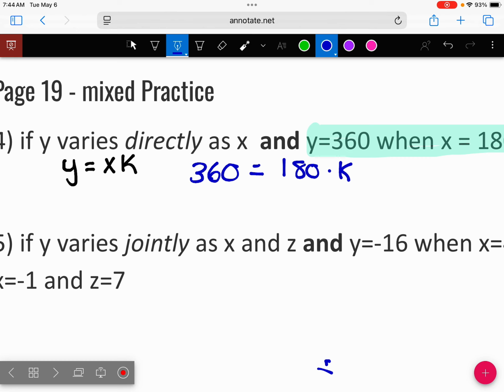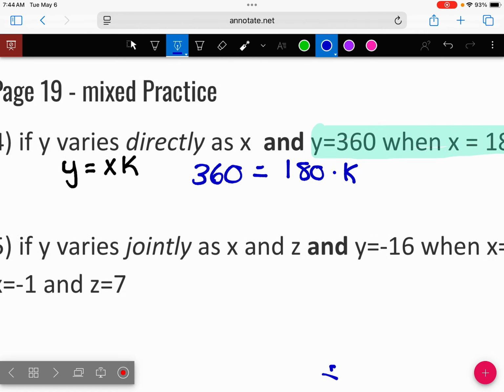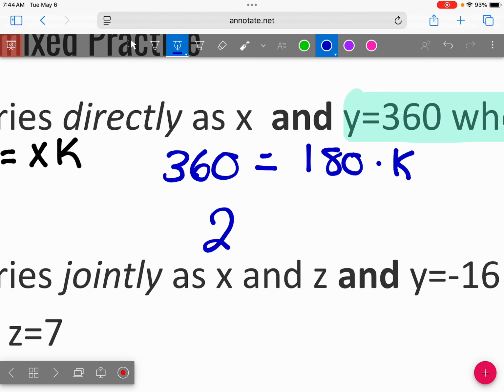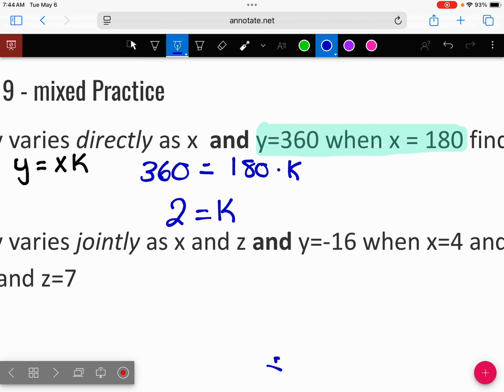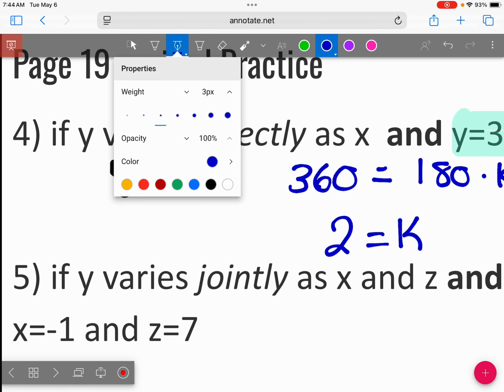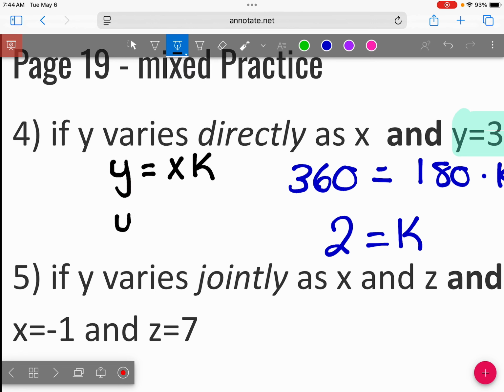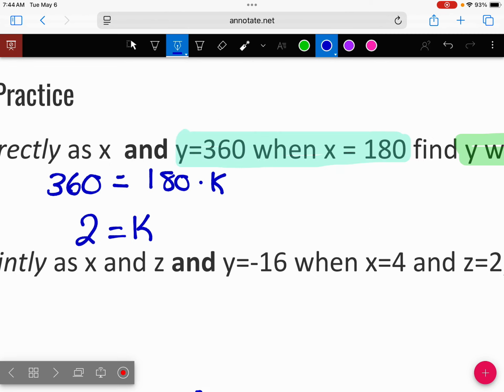Wouldn't it be 2? It will be 2, because we divide both sides by 180. 360 divided by 180 gives us 2. So that means our equation is actually going to be y equals x times 2, or 2x. It doesn't matter how you write it.